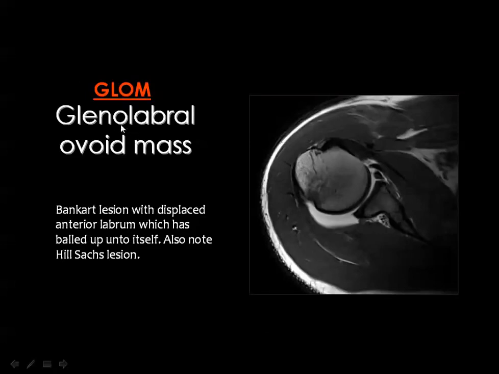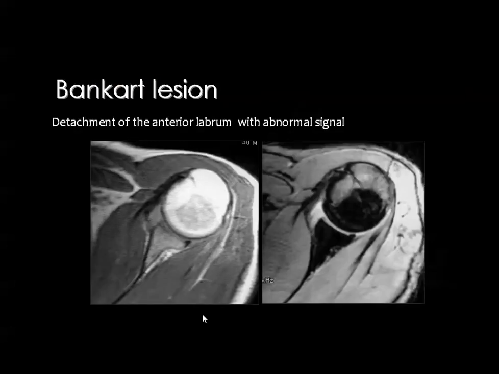Then GLOM refers to glenolabral ovoid mass, which is simply formed by the disrupted anterior labrum. This is rupture or tear of the anterior glenoid labrum, which is separated from the glenoid part of the scapula, and this is the subscapularis tendon, and this is of course the middle glenohumeral ligament.